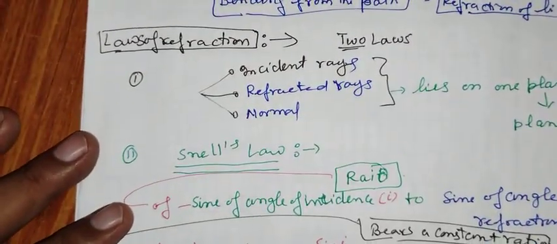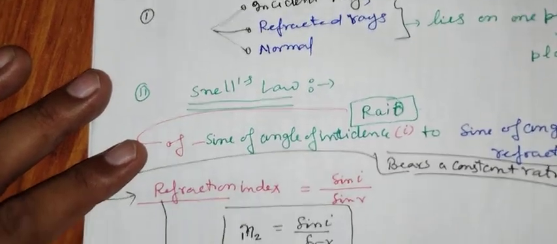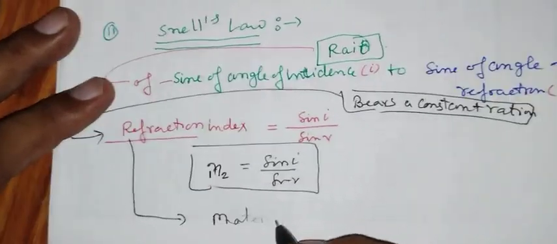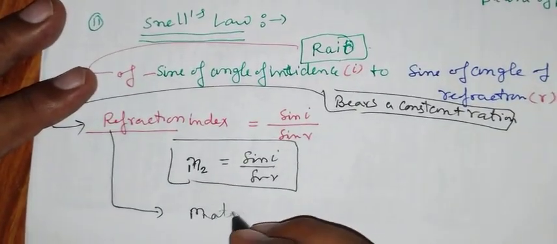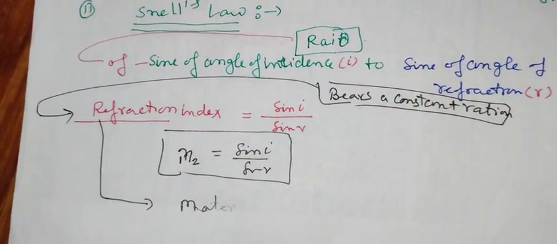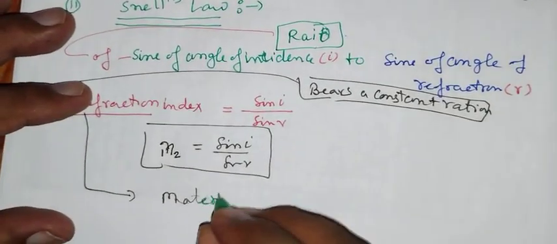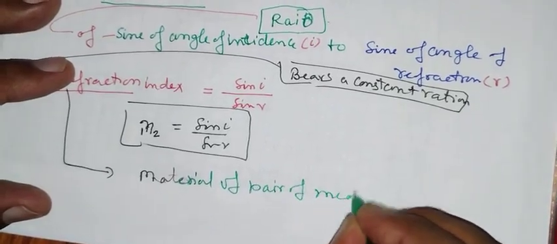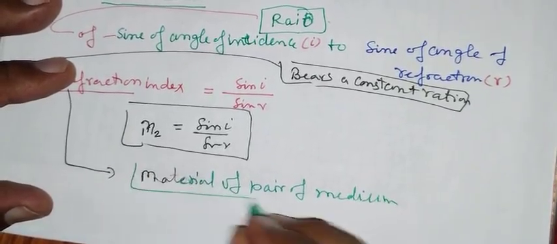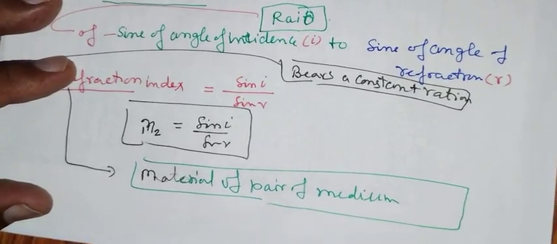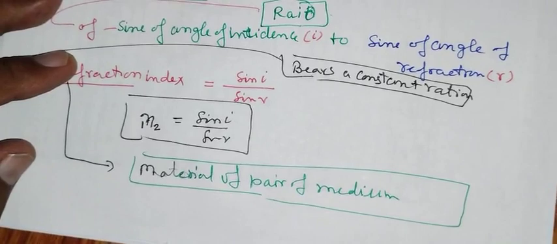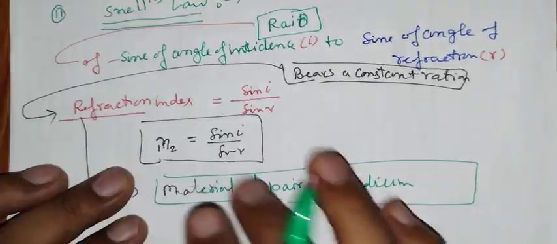But the ratio will not change, and it will depend on the material of the pair of media. We are taking a pair of media: air-water, water-glass, or air-glass, any one of these.